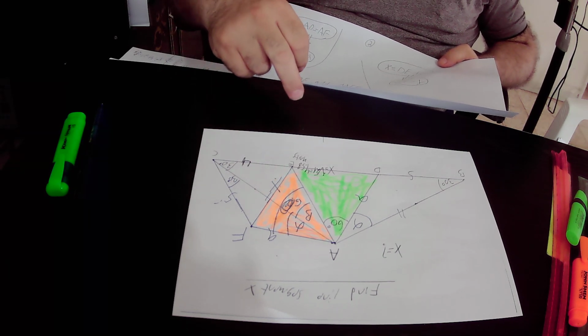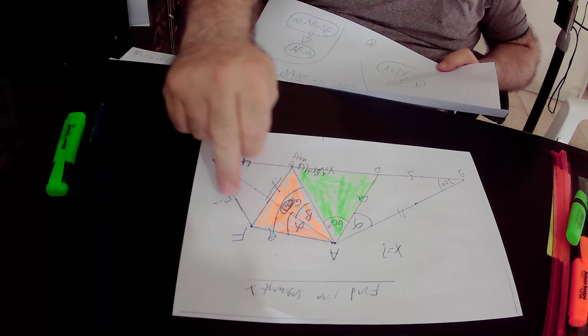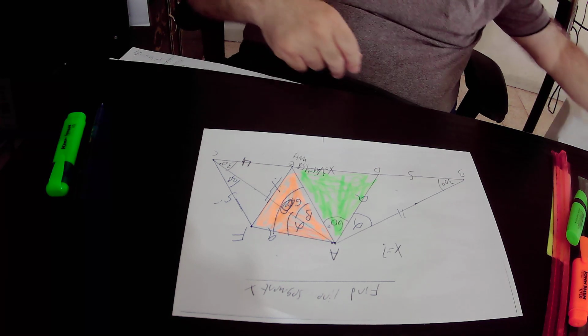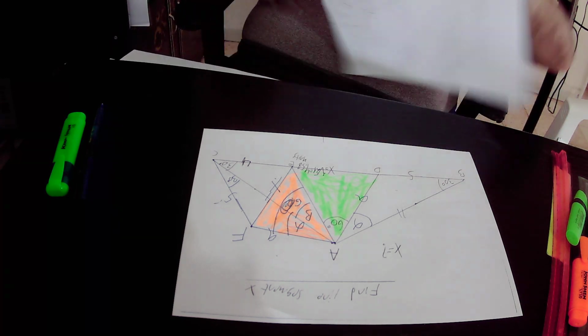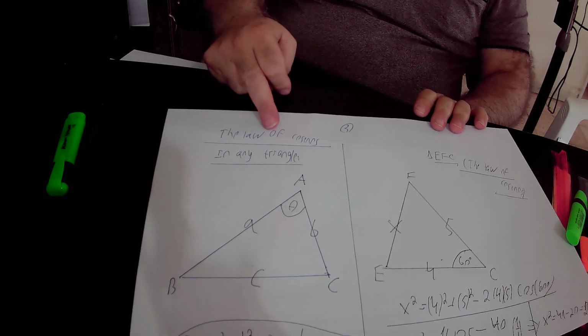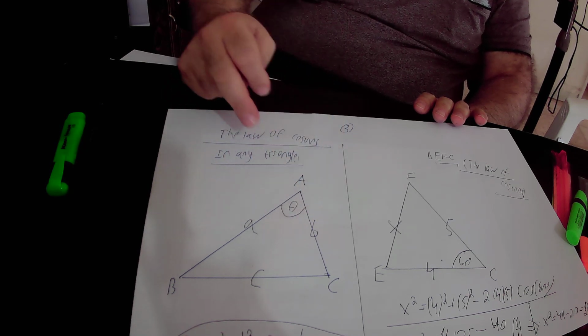Then we implemented the law of cosines in the right triangle EFC. But first of all, I present to you what the law of cosines is. The law of cosines is true in any triangle, so triangle ABC could be any triangle.